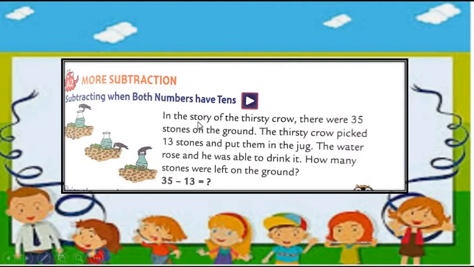In the story of the thirsty crow, there were 35 stones on the ground. The thirsty crow picked 13 stones and put them in the jug.